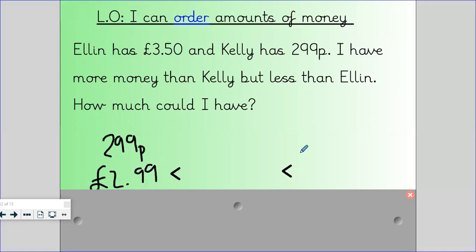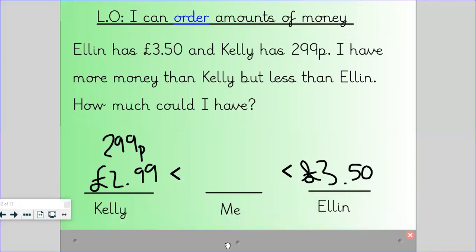Okay, and I have less money than Ellen over here with the largest amount of money. She has £3.50. Excuse my writing, I am using a mouse pad. So my amount of money here has to be more than this, £2.99, and less than this, £3.50. And so there's actually lots and lots of options there. Maybe I've got £3, maybe I've got £3.25, maybe I have £3.49. Okay, there's quite a range of answers that you could have.